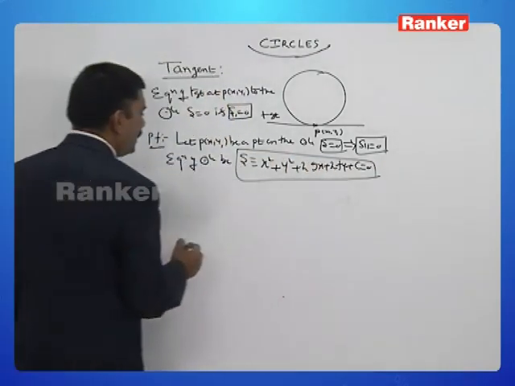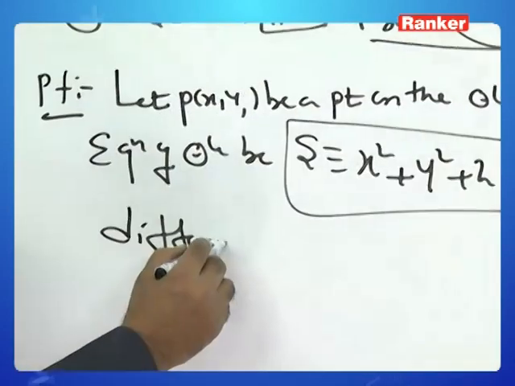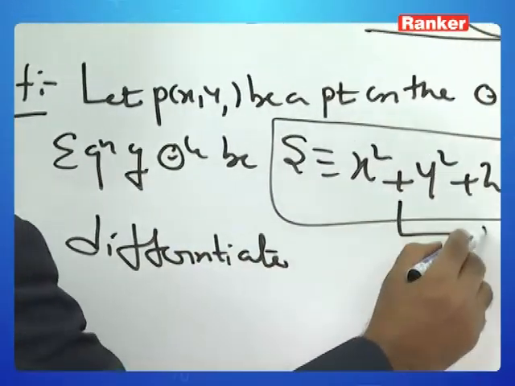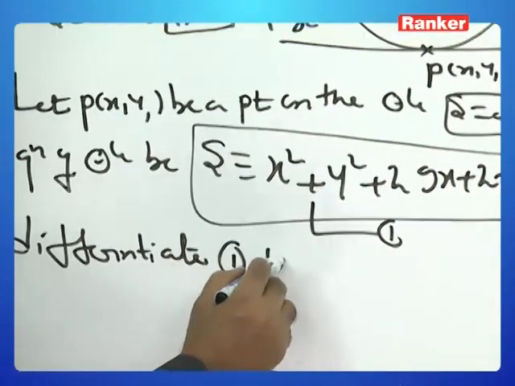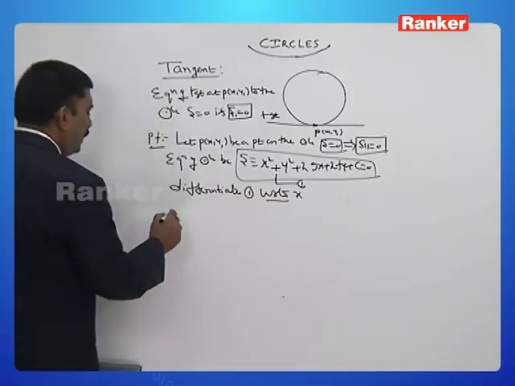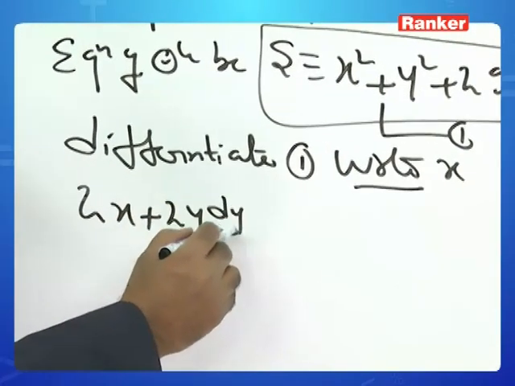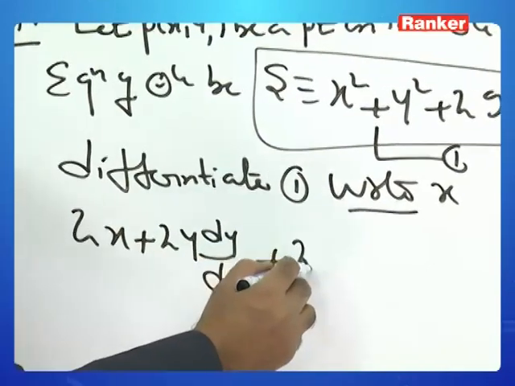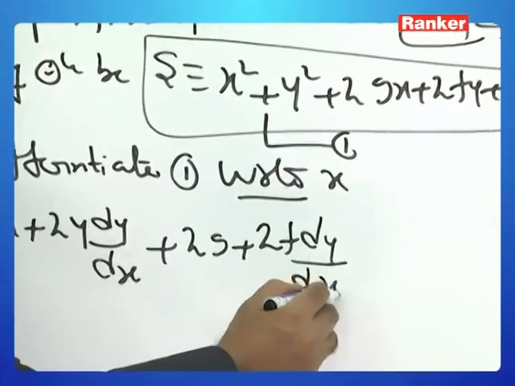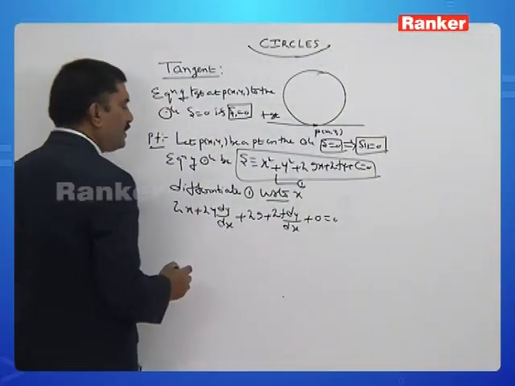Now you differentiate with respect to x. Therefore, 2x plus 2y into dy by dx plus 2g plus 2f into dy by dx plus 0 is equal to 0. Why? Derivative of a constant is 0.